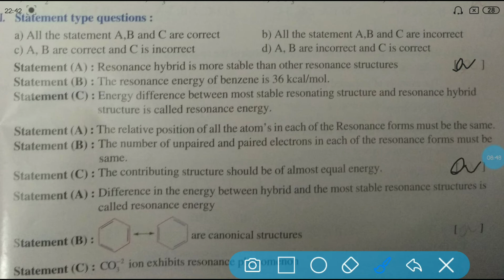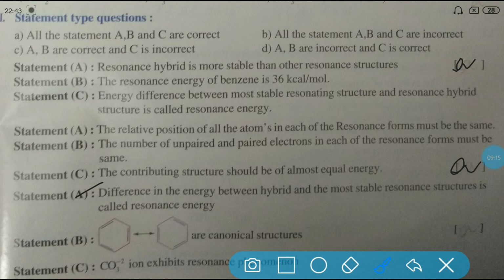Next, moving on to the eighth question. Statement A: Difference in the energy between hybrid and the most stable resonance structure is called resonance energy. Just the same statement we have seen. Obviously, it is correct. Very simple actually, the statements are up and down only. Statement B: They have given two structures and are asking whether they are canonical structures or not.